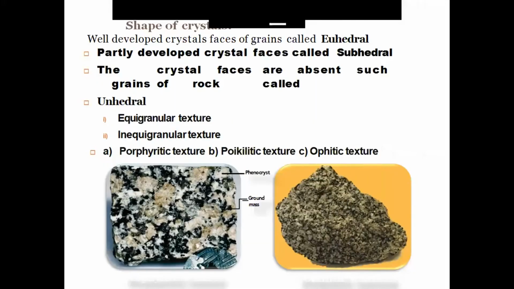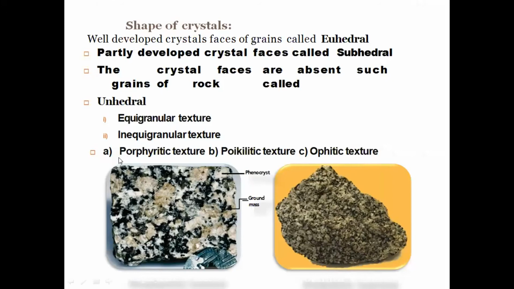A few examples of inequigranular texture: porphyritic texture, in which you can see bigger crystals present in a rather fine grain, blackish material, and the lighter color are the bigger crystals. So that is an example of porphyritic texture.